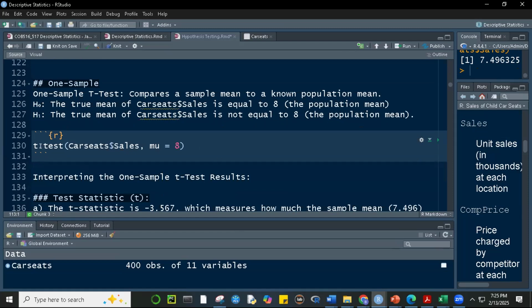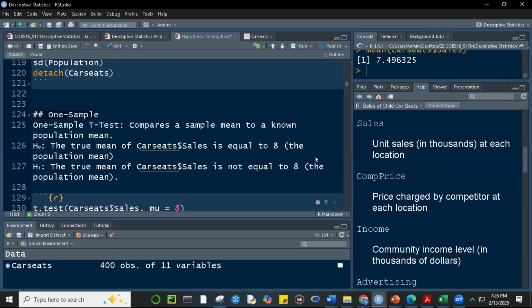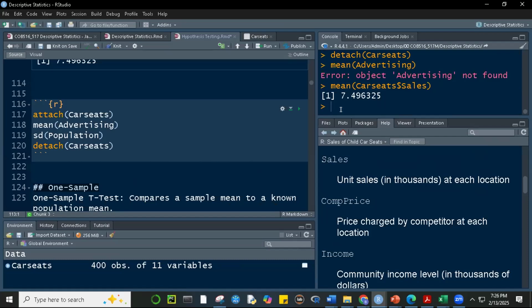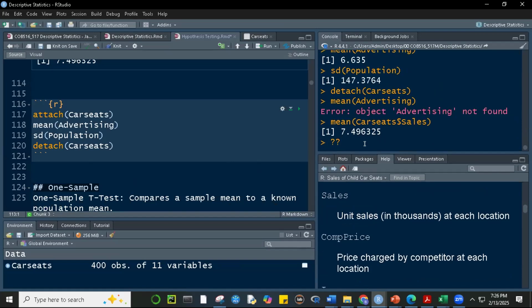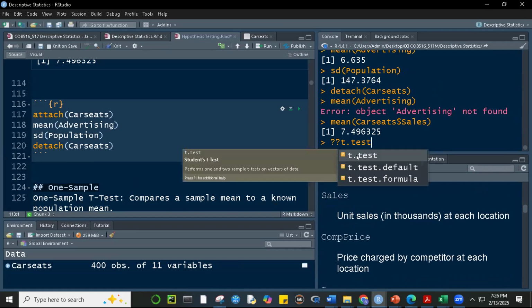So again, very simple in R. The function is, I didn't give this to you, so please write this down, t dot test. If you're using a certain function for the first time, it would be good to go to the console and write the function t dot test here.